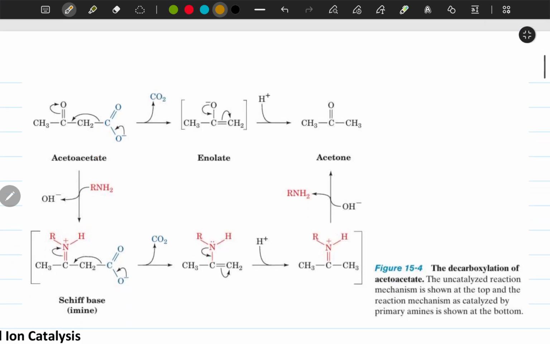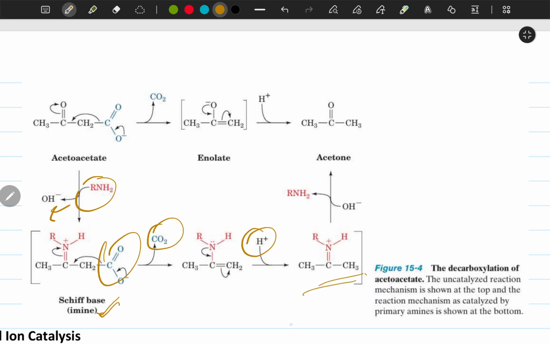Here, to acetoacetate, RNH2 is added and OH is removed. So we have a Schiff base. From the Schiff base we remove the carbon dioxide, and then it adds a proton.